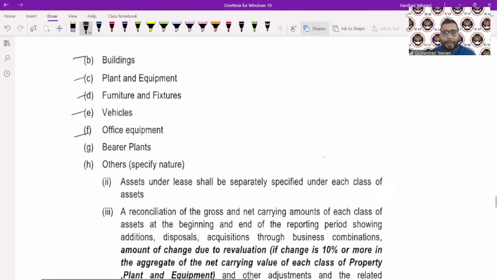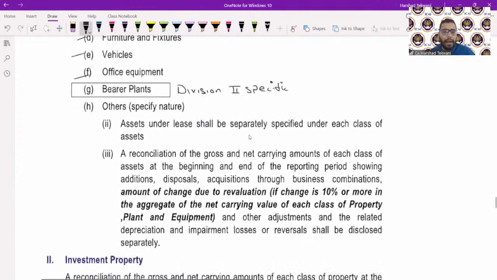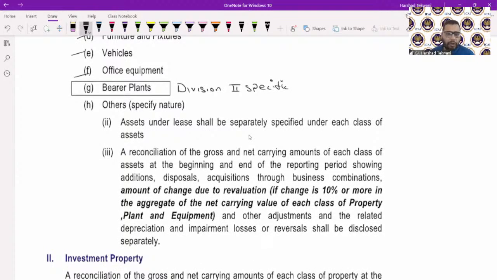This is division 2 specific. Okay, bearer plants based on the NDS classification. Okay, and others that was also there.